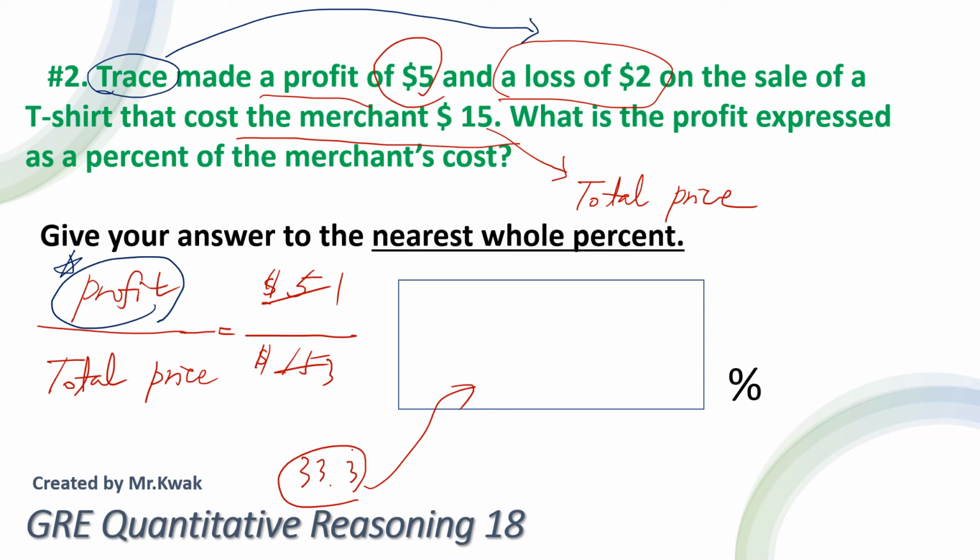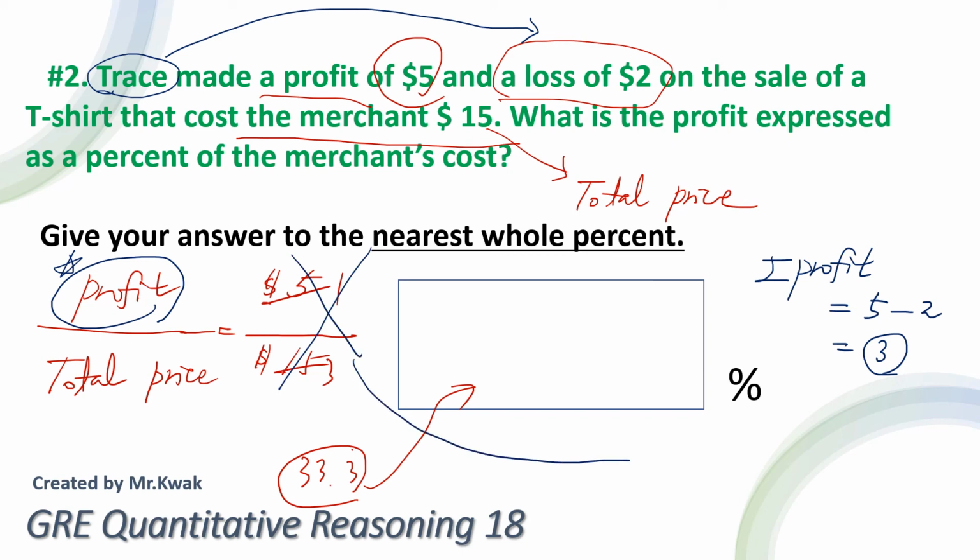Not only a profit, but also a loss. So we have to think about the loss. What we have to get from the question is the net profit. In that case, 5 minus 2, so the profit should be $3 instead of $5.